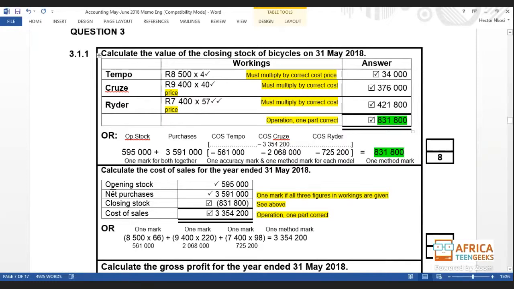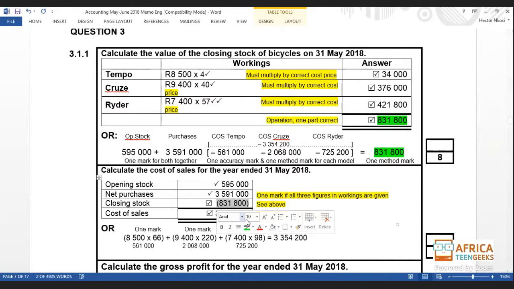So basically, it's just going to be opening stock plus net purchases. Your net purchases were given as 351,000, less your value of the closing stock.